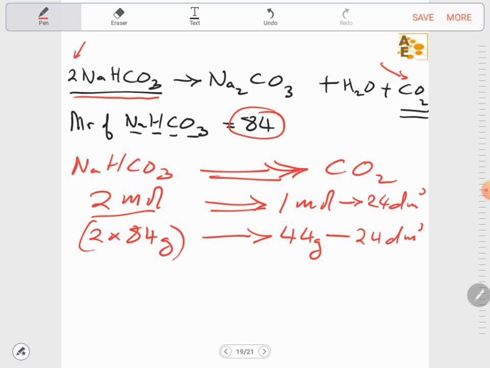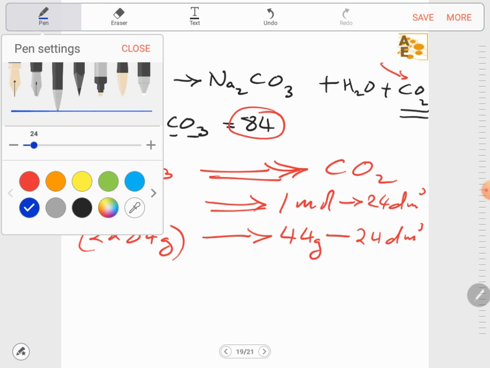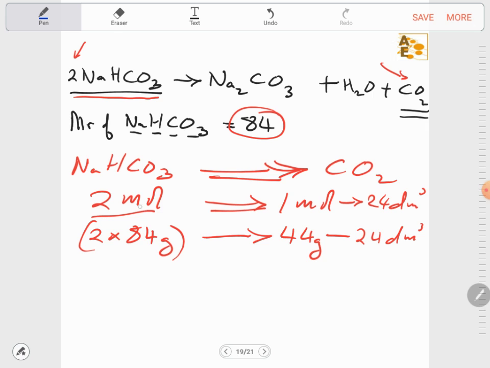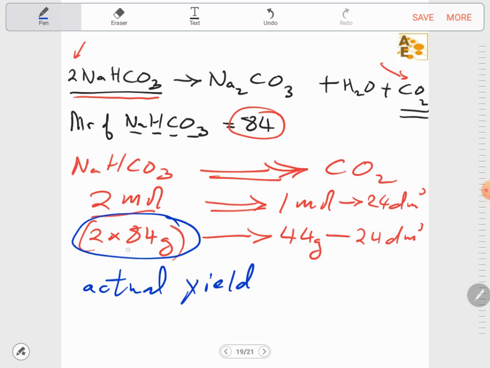Basically, the actual yield, how much will it be? We can get it from here. We know that they only use 42 gram of sodium hydrogen carbonate.